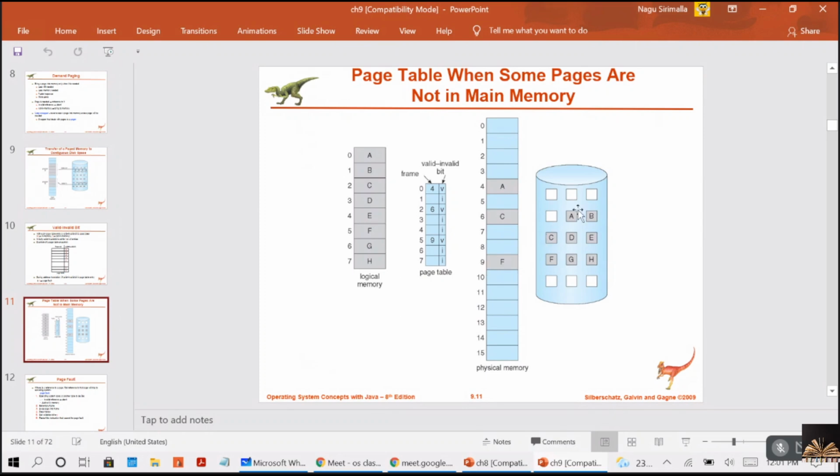See, all your pages are loaded contiguously in the disk. Why? Because to make the swap in and swap out easier.